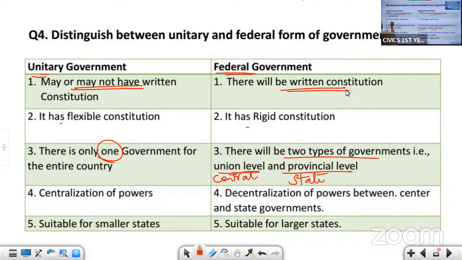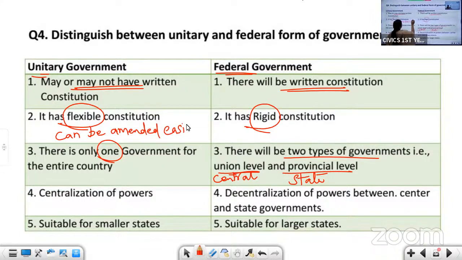Then in unitary government, the constitution is flexible, whereas in federal government, the constitution is rigid. Flexible means it can be amended easily, whereas a rigid constitution cannot be amended easily.